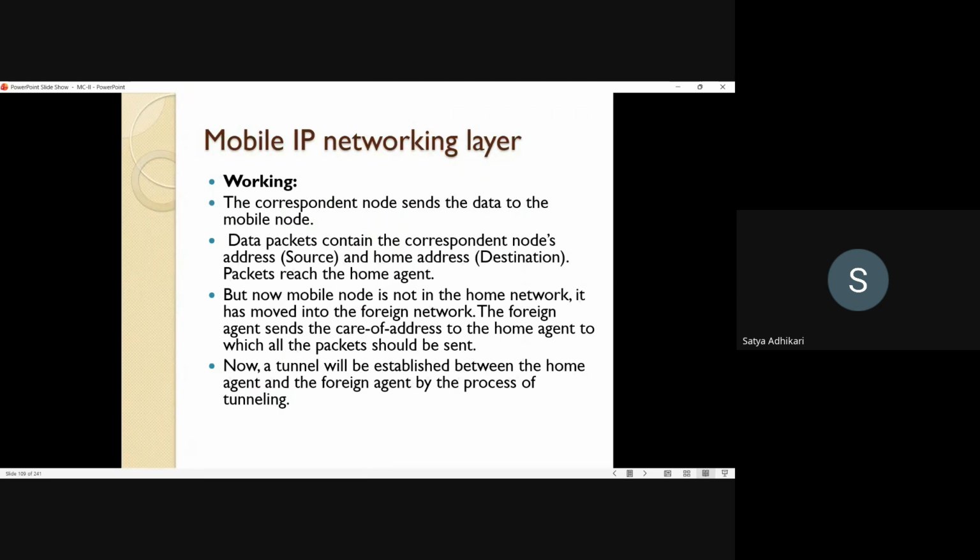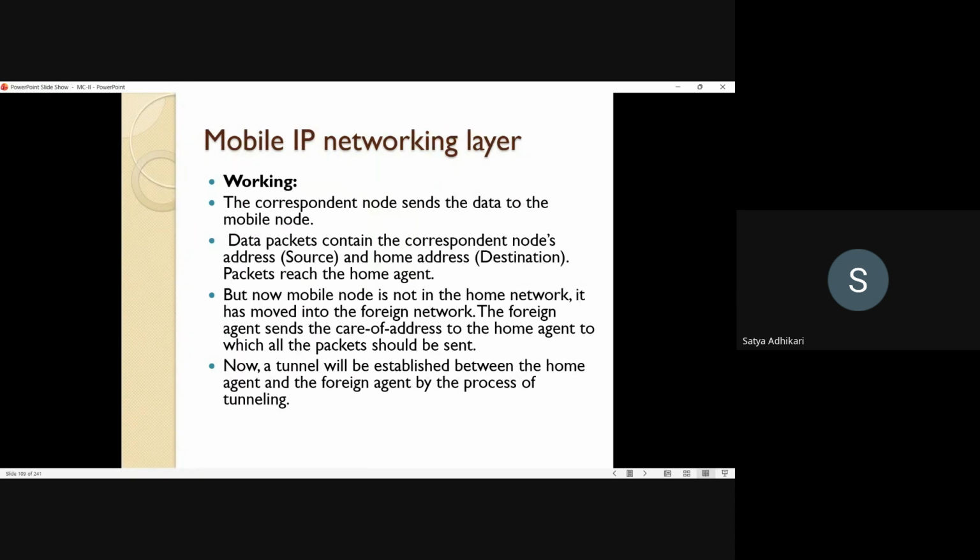The foreign agent sends the care of address to the home agent, to which all the packets should be sent. This is the temporary address of your node which comes under me, and please send the packets to this new address. This address is known as the care of address.